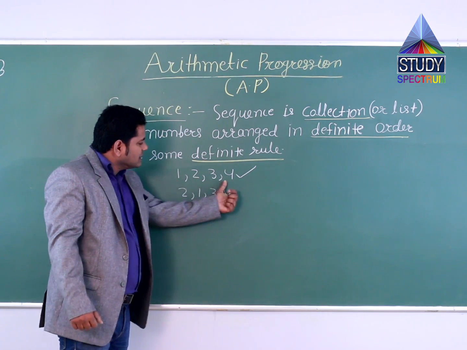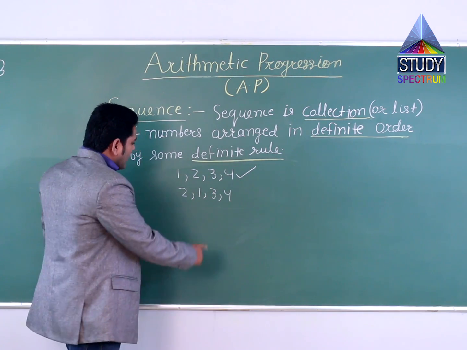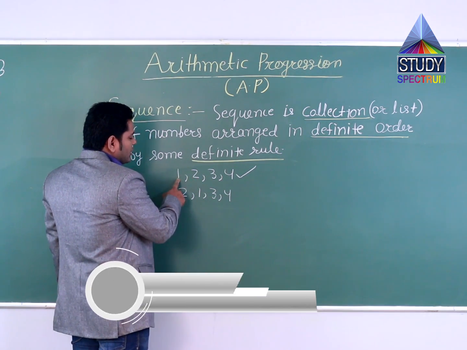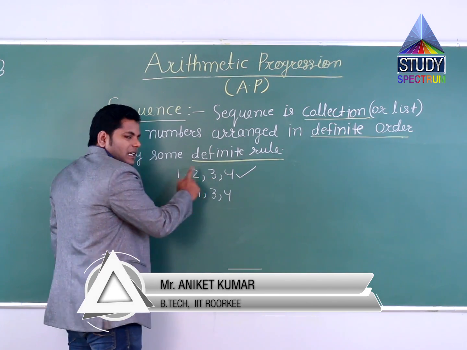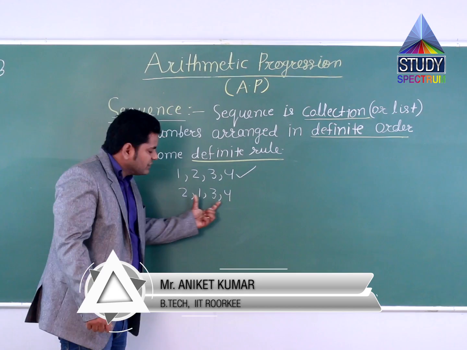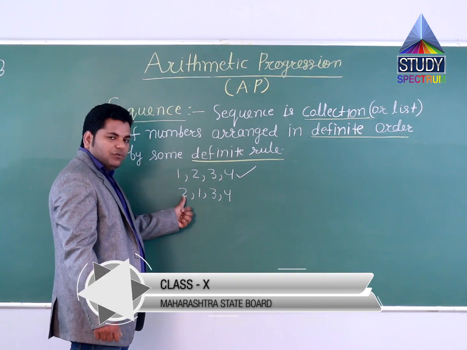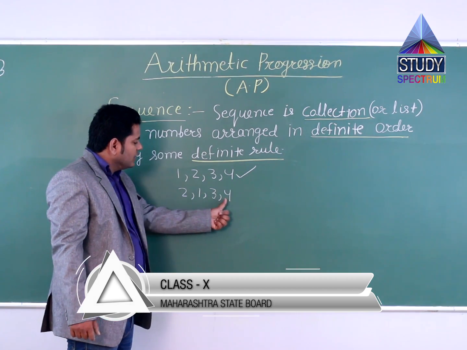If you understand the first term for the list 1, 2, 3, 4 in this order, then you can easily say that 2 is 1 more than 1, 3 is 1 more than 2, 4 is 1 more than 3. But if you observe the second one, 1 is 1 less than 2, 3 is 2 more than 1, 4 is 1 more than 3.